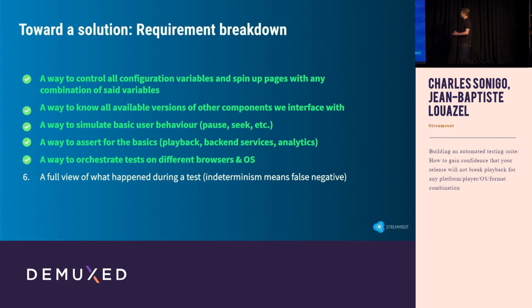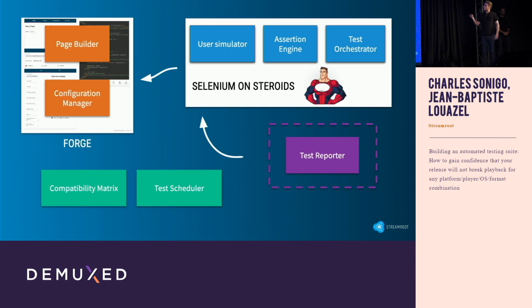And by extending it, we were also able to test things that were happening behind the scenes. The last step is that we want to see what happened in the node and have a complete vision of everything. So we're going to need to build a test reporter on top of what Selenium provides. We are going to give humanity the visibility it deserves.